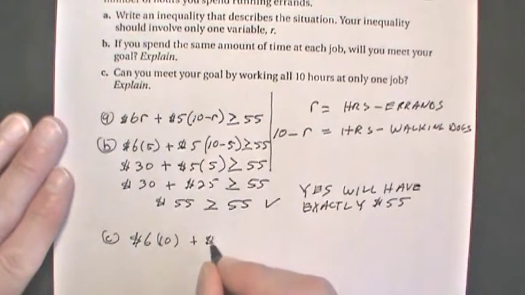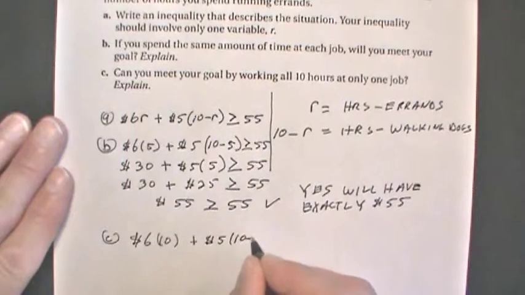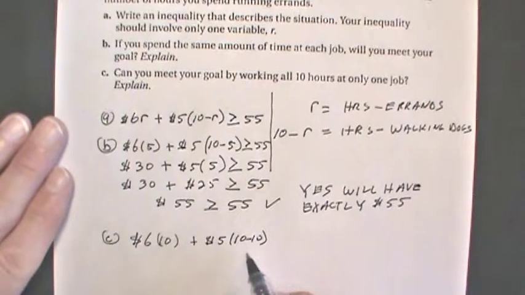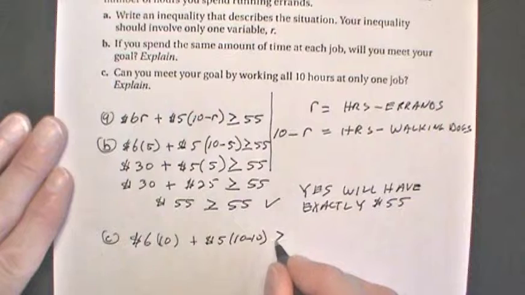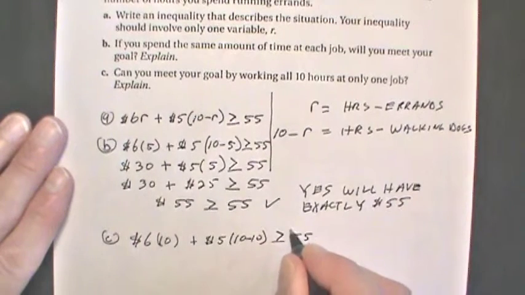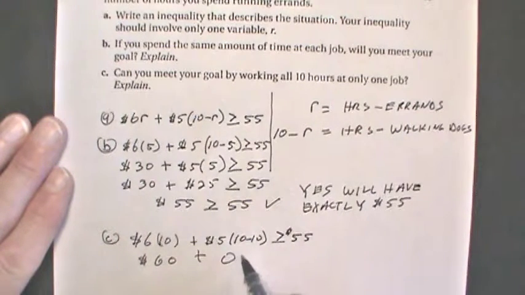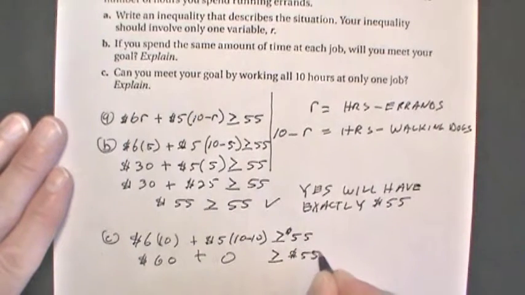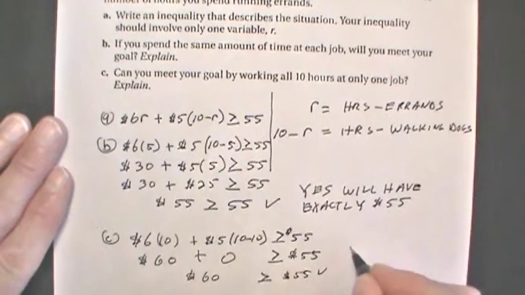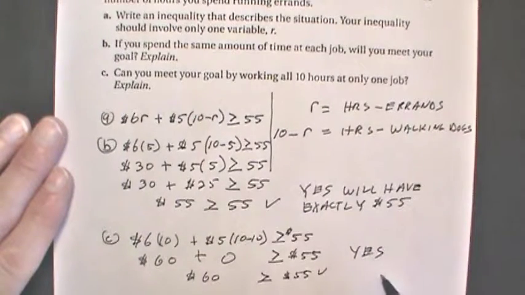And then we get 10 minus 10 for walking the dogs, which will be 0. So we have $60 plus $0 for walking dogs. We'll see if that's greater than or equal to 55. And of course, 60 is greater than or equal to 55. So yes, we can make at least 55 if we spend all 10 hours on errands.